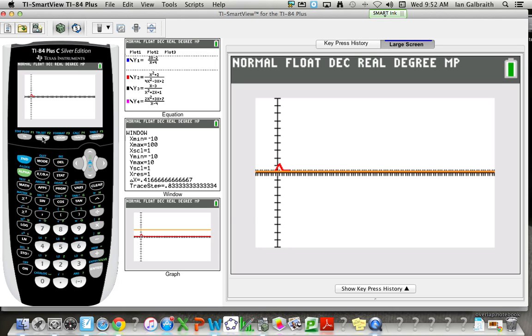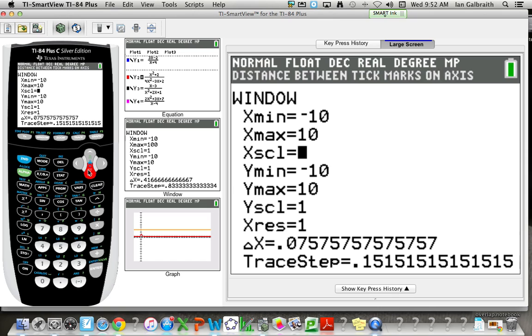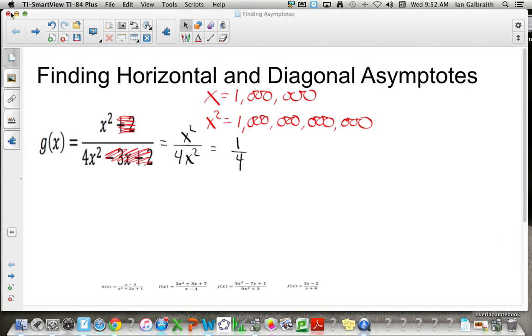To go from -10 to +10, and my y values don't have to be very much at all. Let's go from -2 to +2, and we'll now graph this thing. All right, so there is the graph, and here comes my asymptote, and yes, it certainly looks like that is the asymptote. So again, I looked at big values of x, simplified the numerator and the denominator until I got just a value.